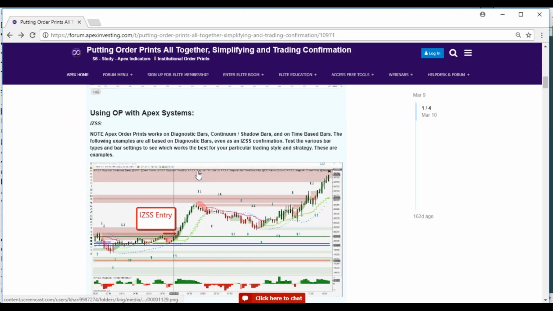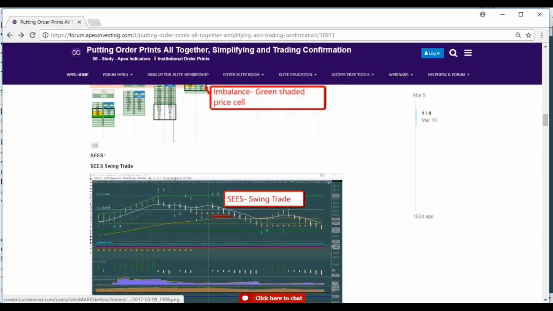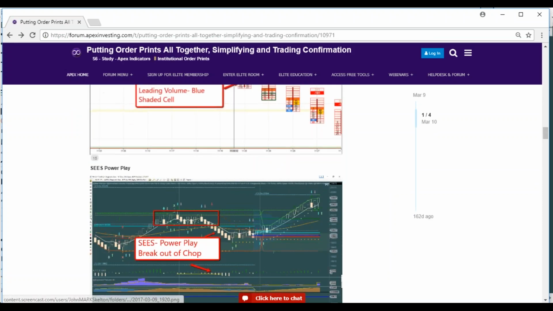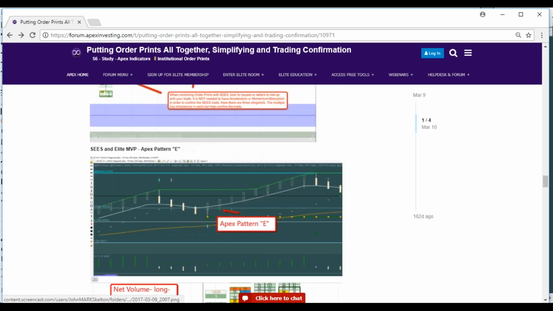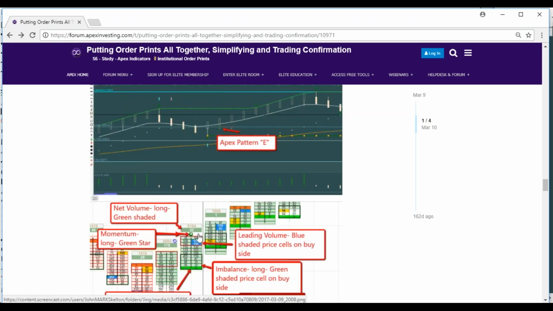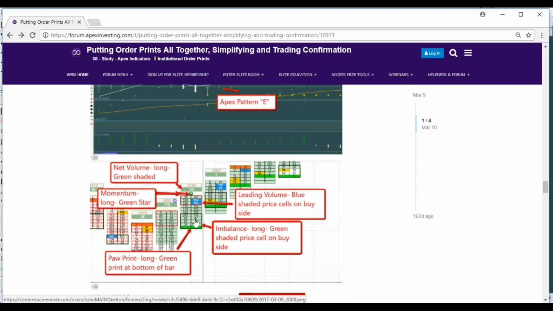Okay. So, what do we have? Let me find it again. I just lost it. E. What do we have on that E bar? Leading volume, momentum star. What did we have on the P bar right before it?